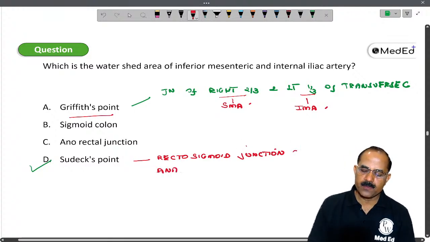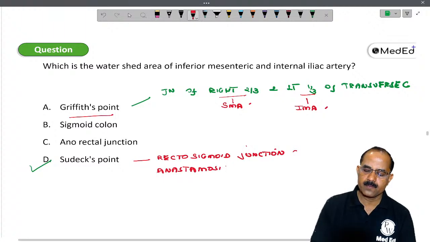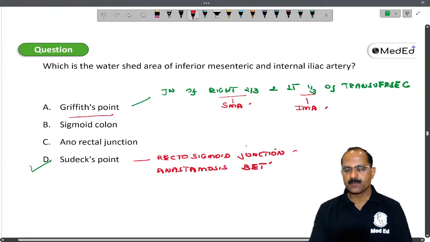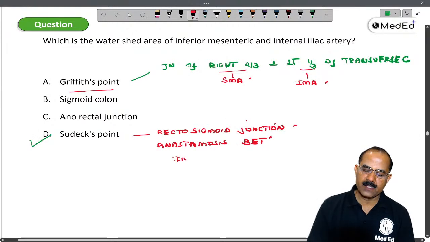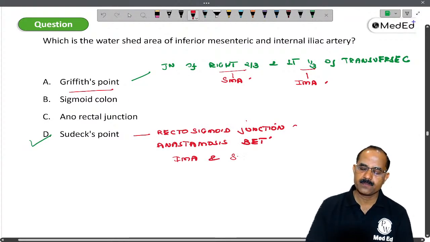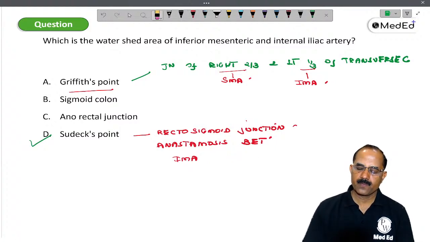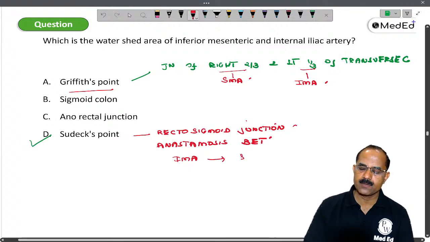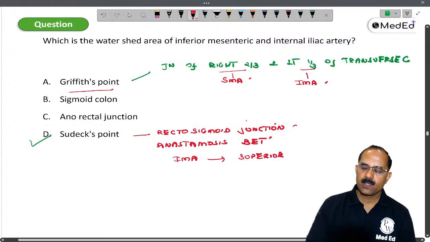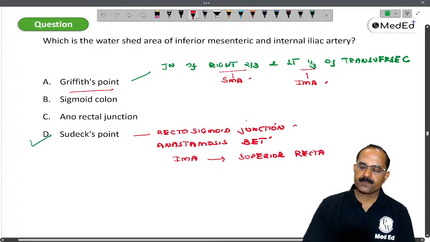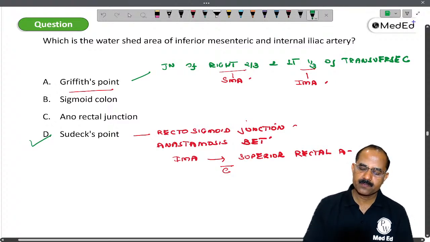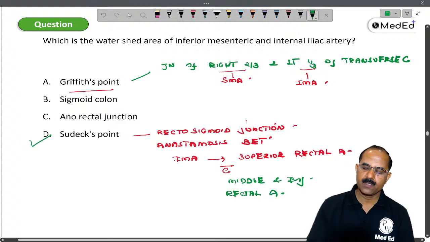There's an anastomosis between the inferior mesenteric artery, उसका branch is superior rectal artery, with the middle and inferior rectal artery.